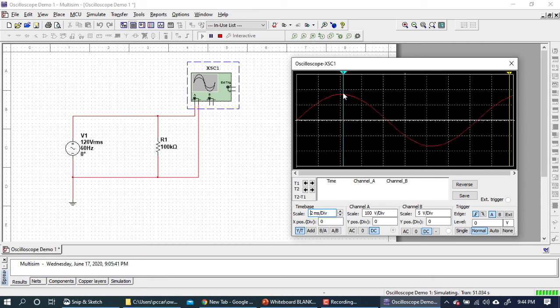Well, that's 90 degrees. And then if you go to the negative peak, that's 270 degrees at that negative peak. And then if you get back to the 0 mark again, you're now at 360 degrees. You've made one complete rotation on the circle. You've completed one cycle of the sine wave.